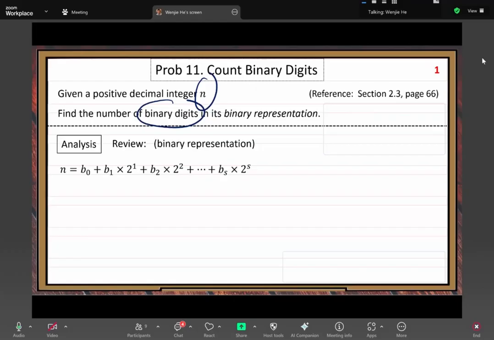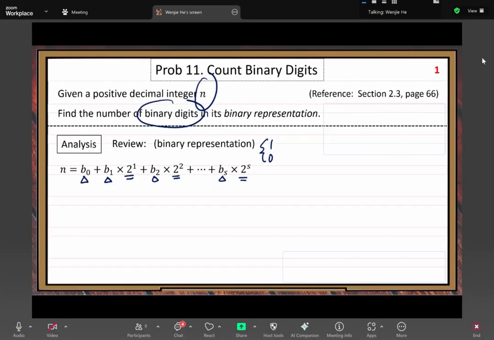So our base is not base 10. This time we need to use 2 as the base number. Then the standard representation, your bits number, these little b's, that's your bits number 0 or 1. 2 possible numbers for the bits.